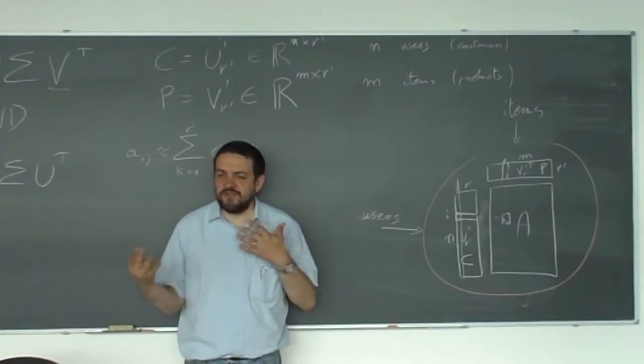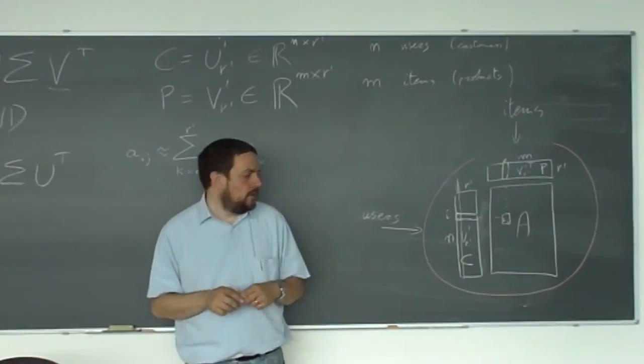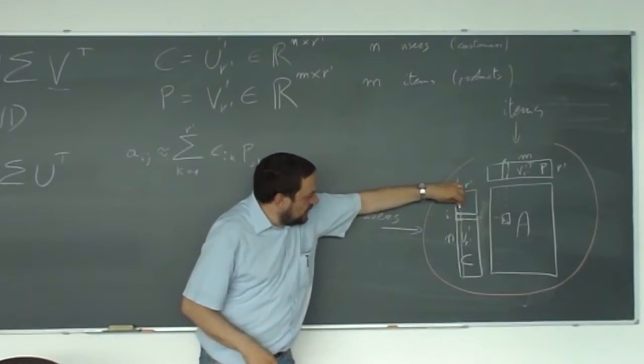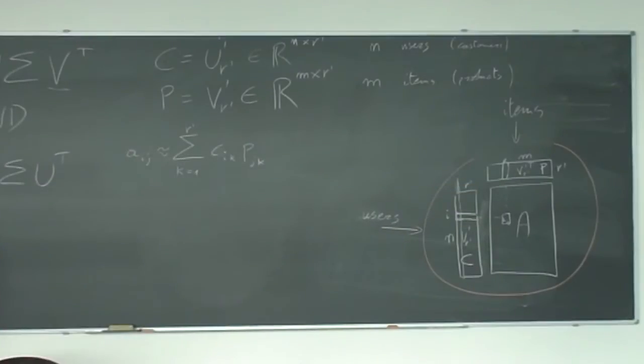The topic corresponds to some linear combination of terms. So the meaning of each column of this matrix is actually a sort of linear combination of the characteristics that are encoded in matrix A.